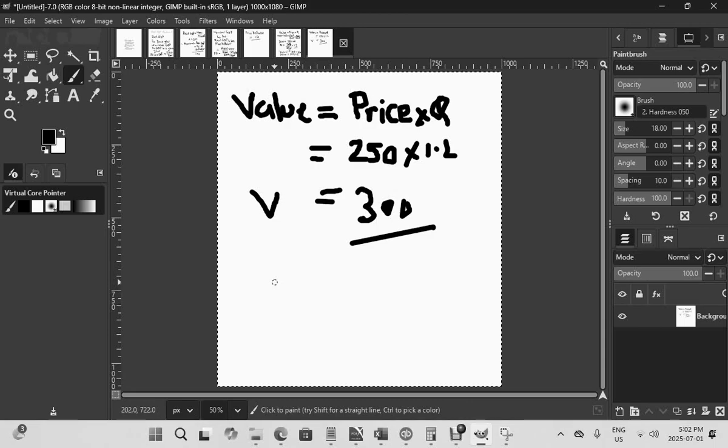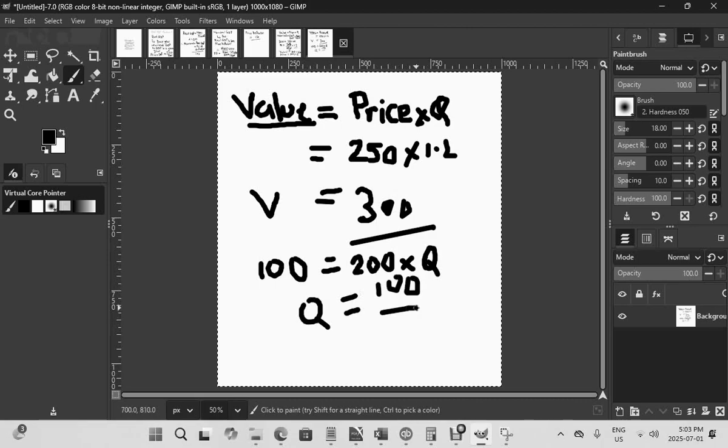And the price would be your price deflator, and the quantity would be your real GDP. So let's say value or nominal GDP is 100, and let's say the price is 200 for whatever reason, and the quantity, let's say this is Q. So to figure out quantity, this is 100 divided by 200, which is less than 1, or half, so 0.5.